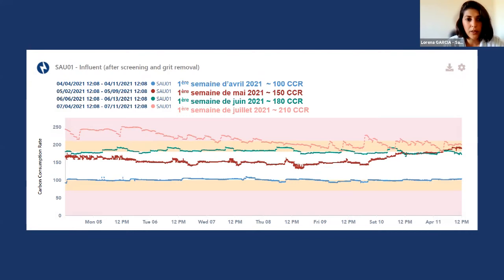So in blue, for example, we could say it's like the starting point, when the probe was installed. Then in May is the red one. It's a stable line.